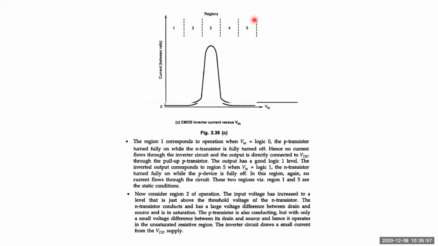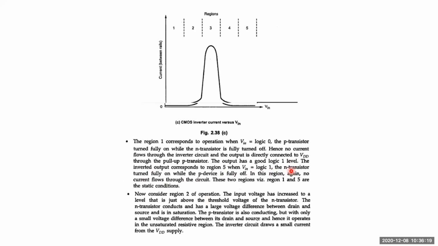Now coming to region 5. In region 5, whenever the input is equal to logic 1, what happens now? If the input is logic 1, the NMOS will be turned on and PMOS is turned off. Then the current will be flowing through the circuit.